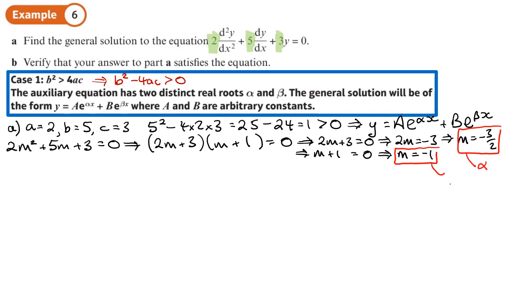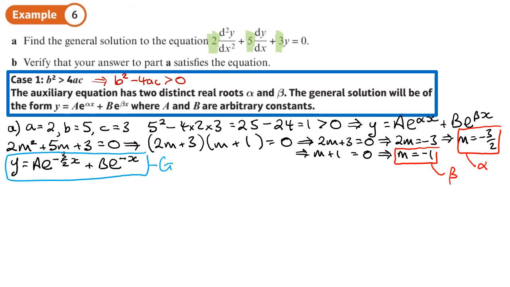So let's call that one alpha, let's call that beta, or you could have done it the other way around. So now we can write our general solution: y equals a e to the alpha x, so my alpha was negative 3 over 2, x plus b e to the negative x. So here's my general solution.